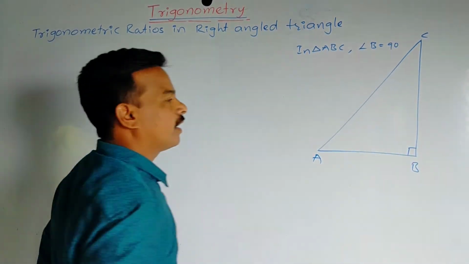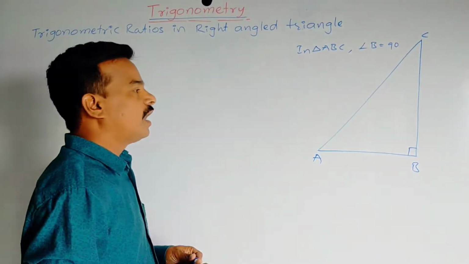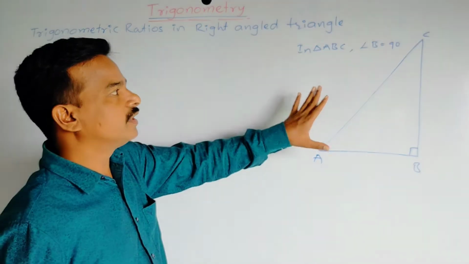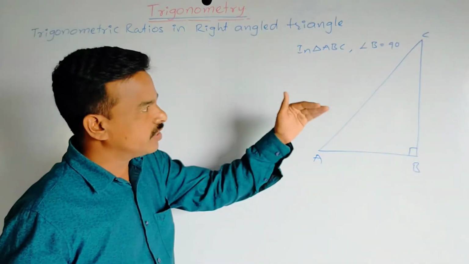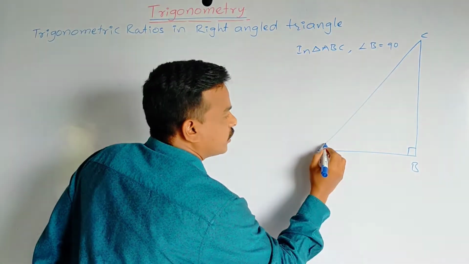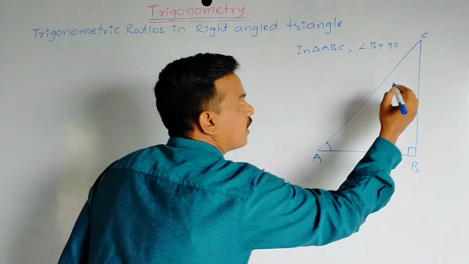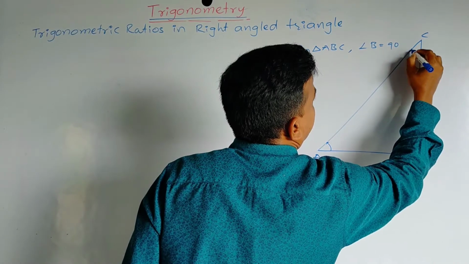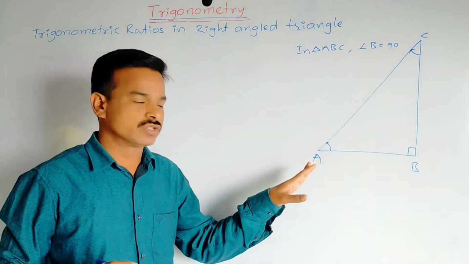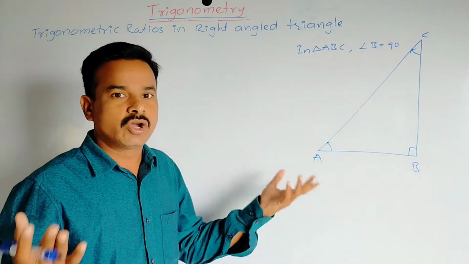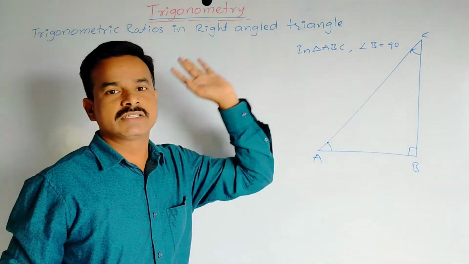We have taken angle B equal to 90 degrees, and now we have to find the trigonometric ratios. How can we find the six trigonometric ratios of the acute angles, angle A, and respectively angle C also? We have to find the trigonometric ratios of angle A and also of angle C.